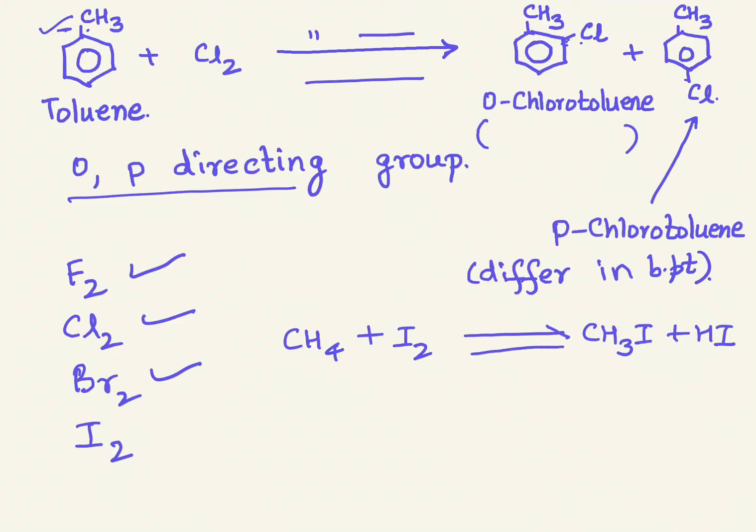It's a reversible reaction, right? So what do we do in order to get rid of this reversibility? We want the reaction to go in the forward direction only. Yes, we need to remove one of the products. And what is that? We are going to remove HI. How do we remove it?